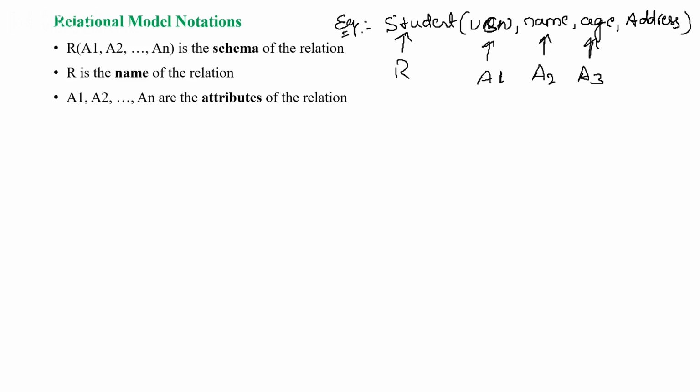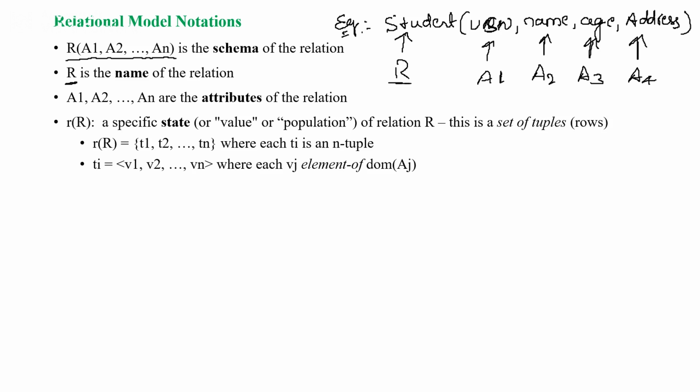In this example there are 4 attributes: the first one is USN, the second is name, the third is age, and the fourth is address. This format is the notation R(A1, A2, ..., An), where R is the relation name and A1, A2, A3 up to An are the attributes of that particular relation.